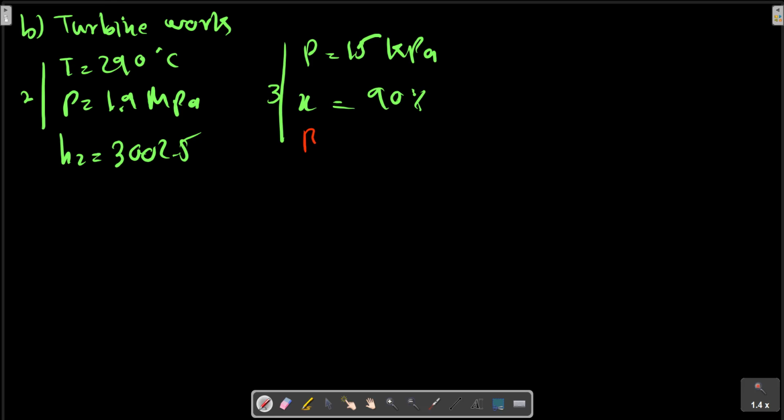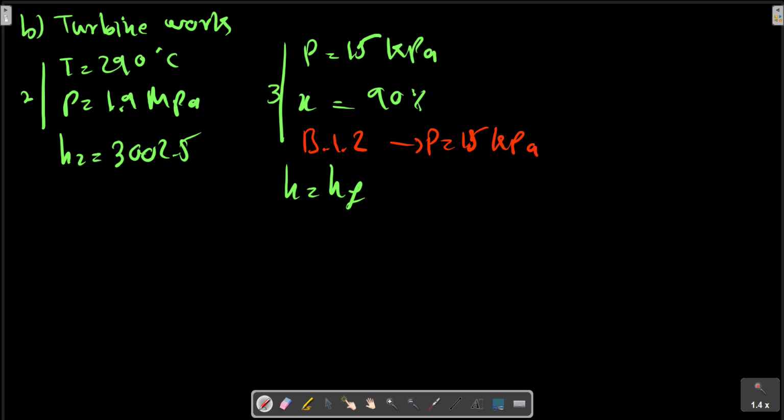So for table B2, for the pressure of 50 kilopascal.